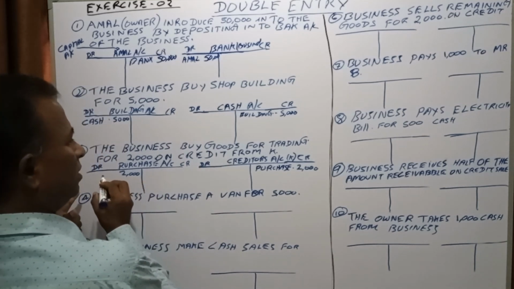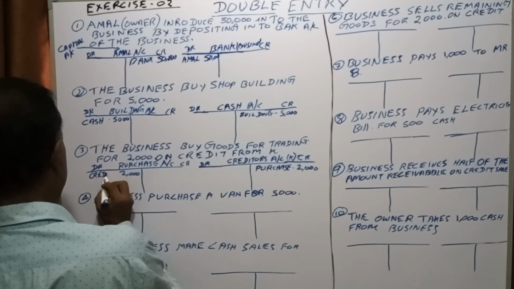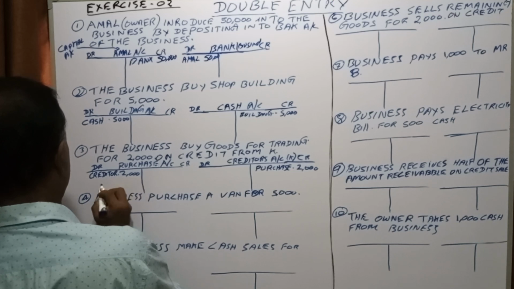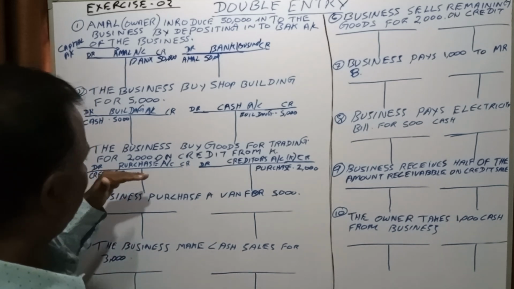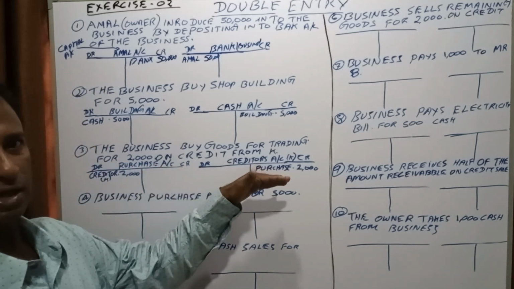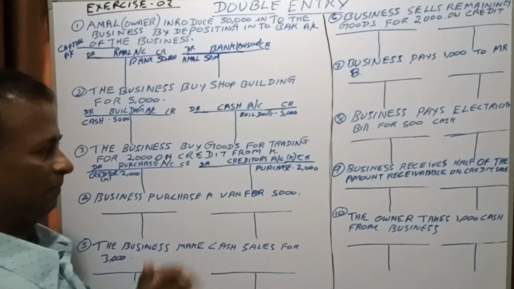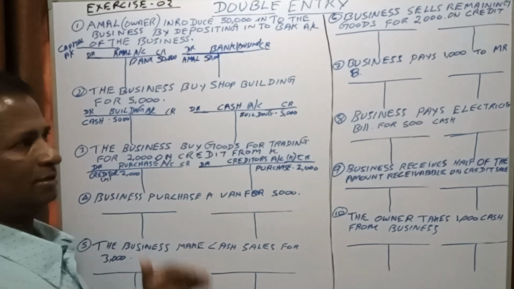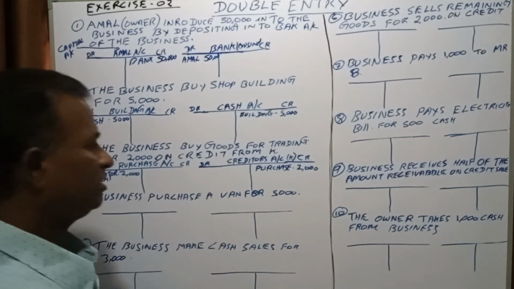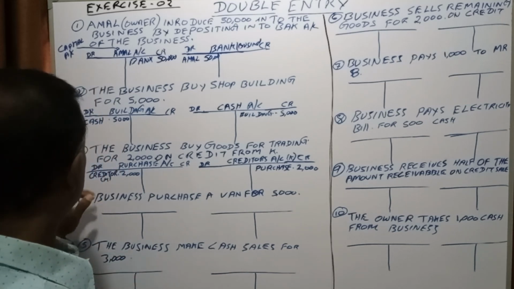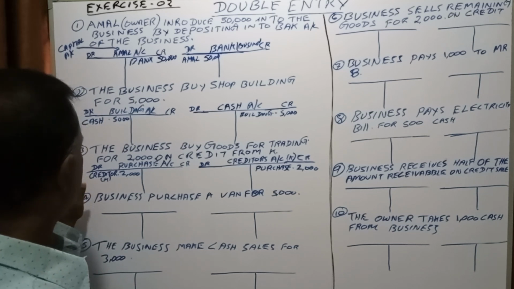Here you have to say creditors. So all these debits and credits are decided upon whether there are increases or decreases in the assets, liabilities, equity or capital, or revenue or expenses. Here I have given you the answer for adjustment number 3.